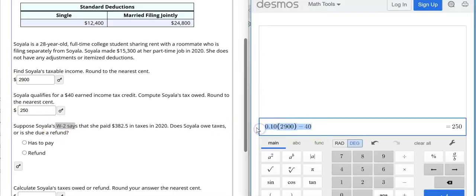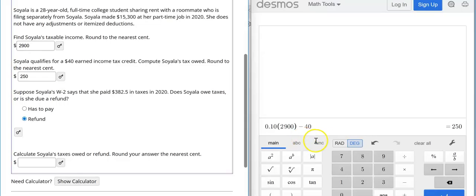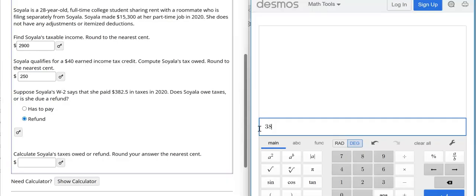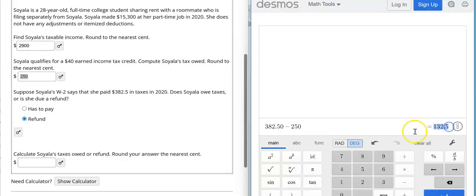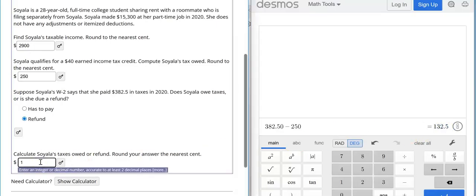So the tax withheld in her W2 is more than she needs to pay to the IRS. So she gets a refund. How much refund? Since she already paid $382.50 from W2, but she only has to pay $250 from the calculation, she's getting $132.50 refund from the IRS.